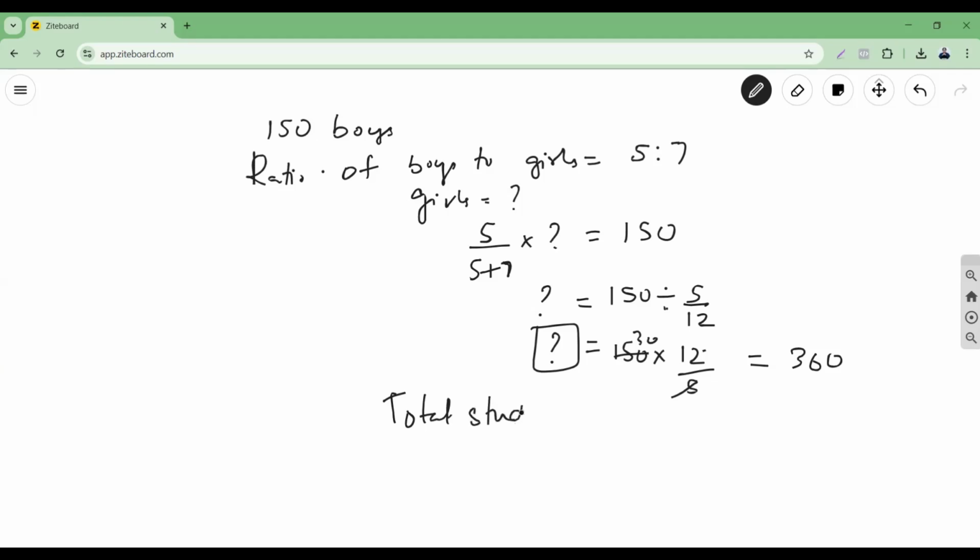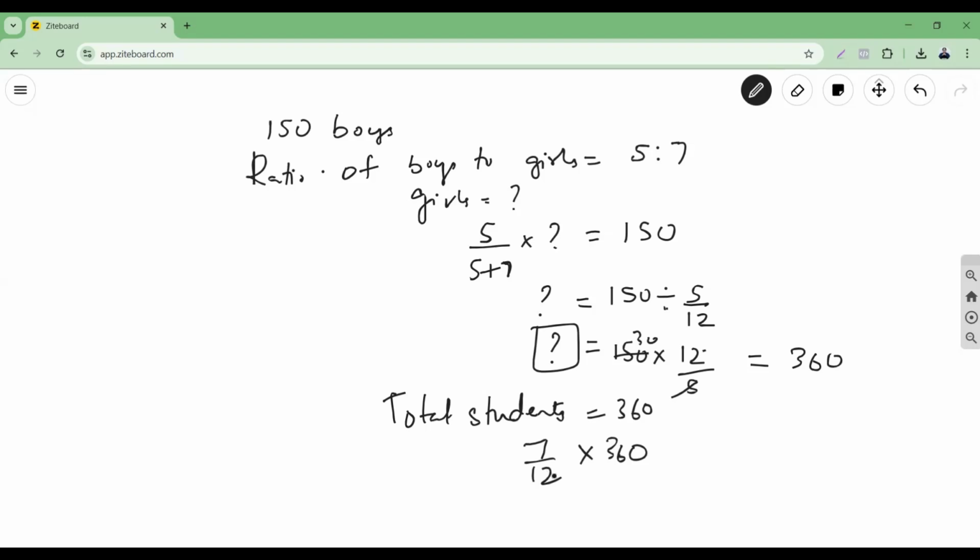Then you can directly use subtraction also, or you can find 7/12 of 360, because the girls are 7 parts out of 12 parts. So the total number of students is 360, which means 5/12 of the total is 150.